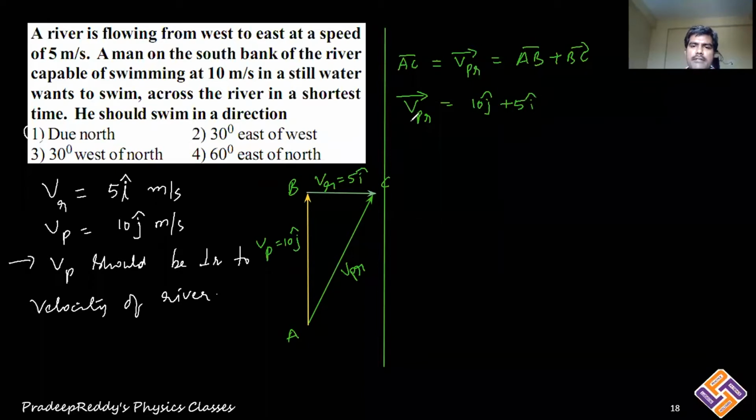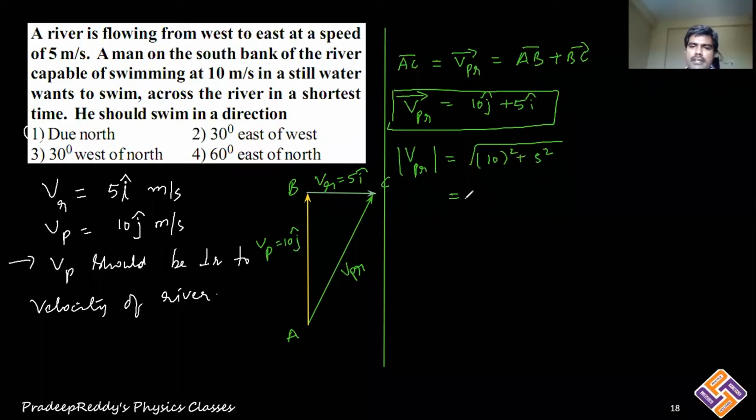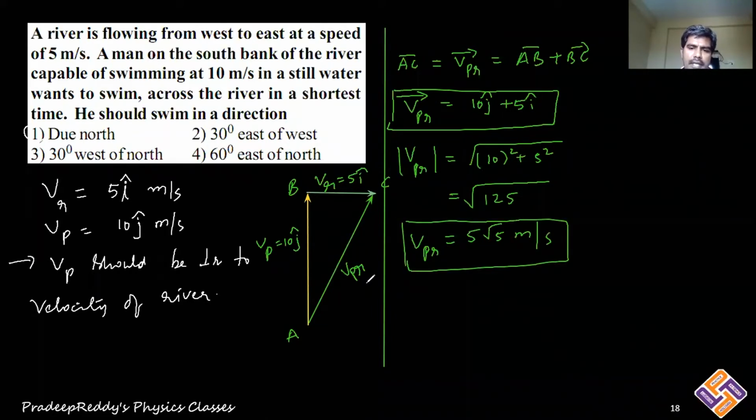This is the vector. I want to find its magnitude. The magnitude is equal to under root 10 squared plus 5 squared. This is equal to 125, and root 125 is 5 root 5 meters per second. This is the velocity of the person with respect to the river. Clear? So this value of VPR is 5 root 5 meters per second.